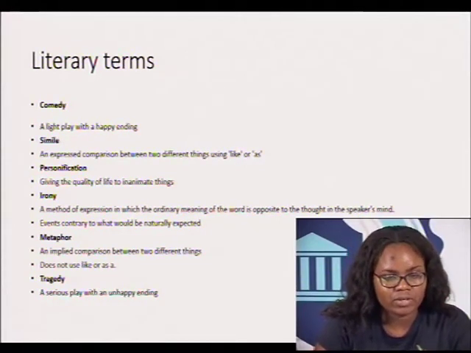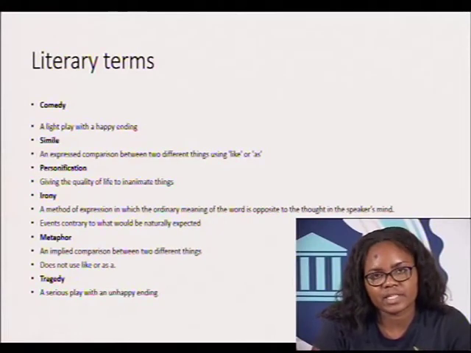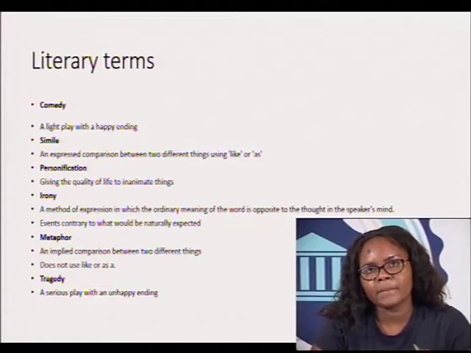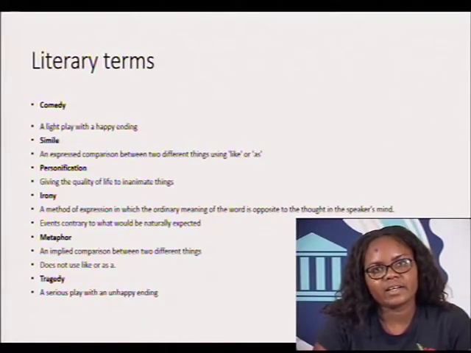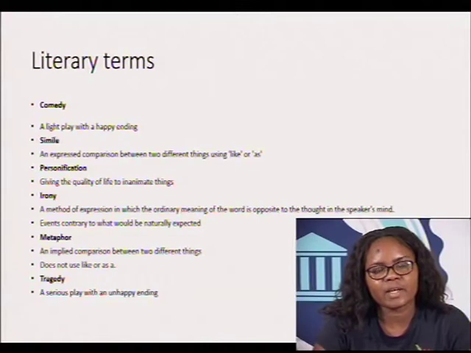Irony can also refer to any event contrary to what would naturally be expected to happen. For example, in a story or in a play, a character is displaying bad behavior.